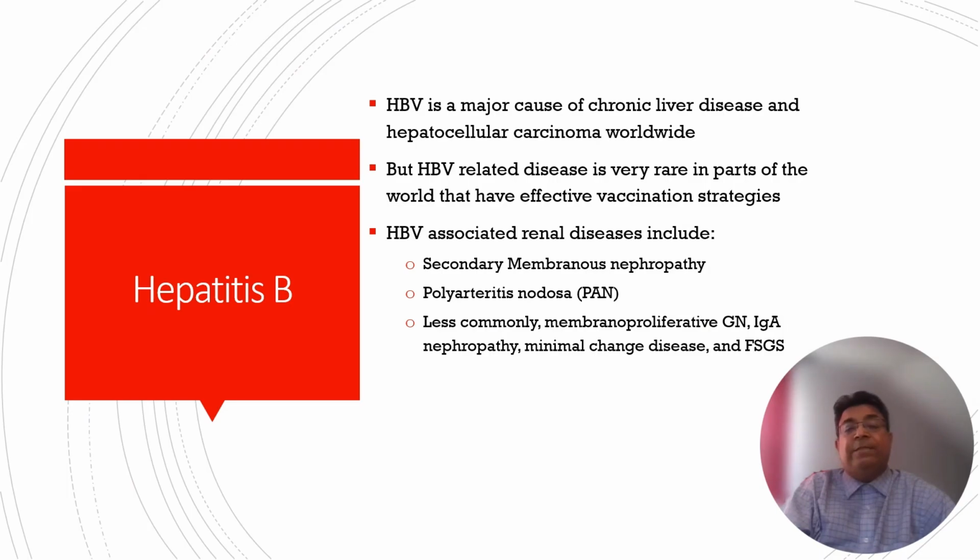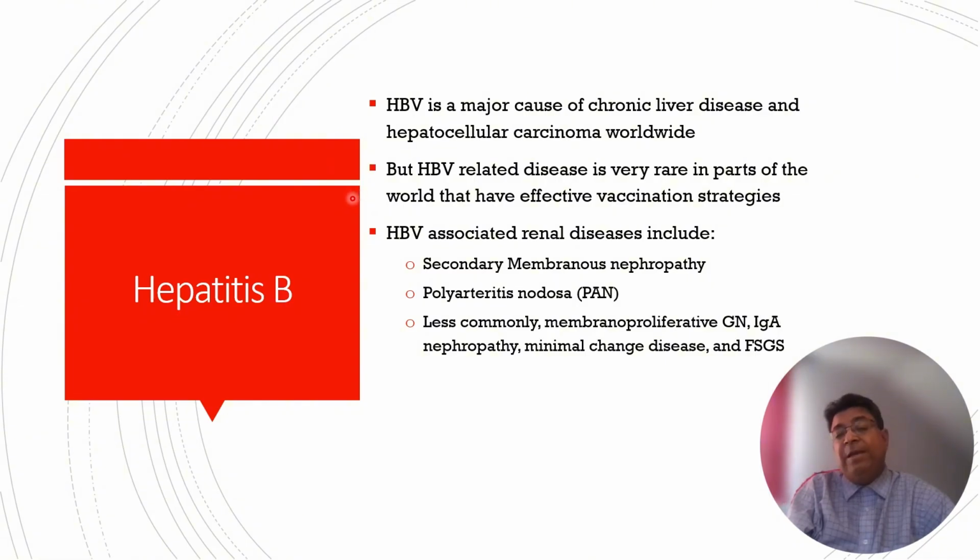Hepatitis B virus is a major cause of chronic liver disease and hepatocellular carcinoma worldwide, but hepatitis B-related disease is very rare in parts of the world that have effective vaccination strategies.